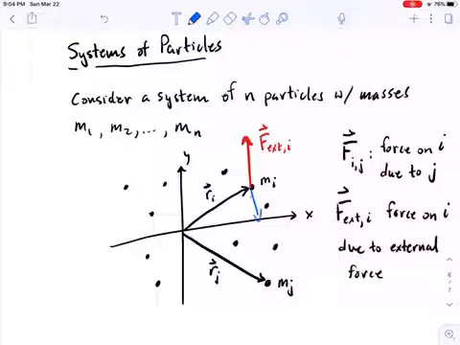And so this could be the force on i due to j. If these are massive objects, then there's a gravitational attraction, but maybe they're charged particles, and so the electric force overwhelms the gravitational force by such a large amount that maybe this is just an electrical force between charged particles or something like that.